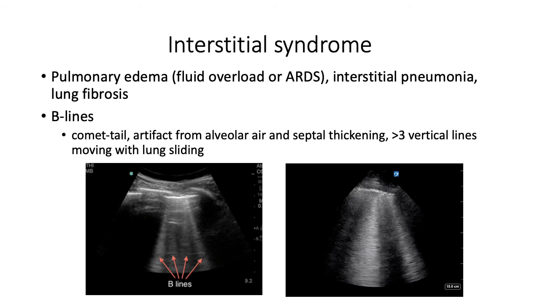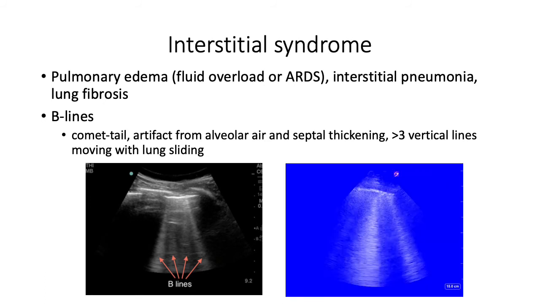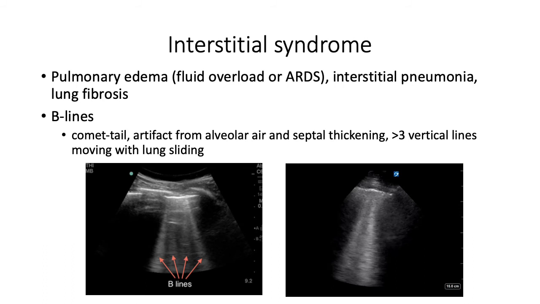In an ultrasound window or view, greater than 3 B-lines may be a sign of pathology. And here's a video of what multiple B-lines look like on ultrasound.